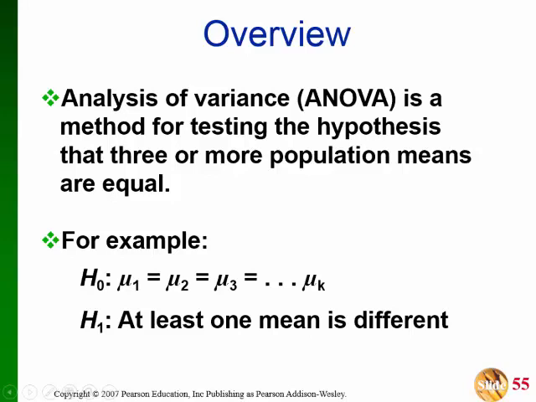So if the null hypothesis is saying all the means are equal, then the alternative hypothesis is saying at least one of the means is not equal. That's enough to define the complete opposite of the null hypothesis. So again, we see an alternative hypothesis expressed in all words without symbols. And that's what I would like to see in the test situation as well. Your null hypothesis and your alternative hypothesis would look exactly like this.